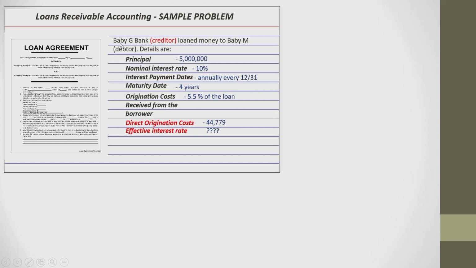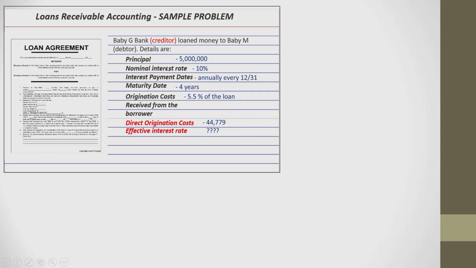BBG loaned 5 million to BBM with a nominal rate of 10%. However, BBG collected or deducted in advance 275,000 origination cost from the borrower, and also BBG incurred additional direct origination cost of 44,779.